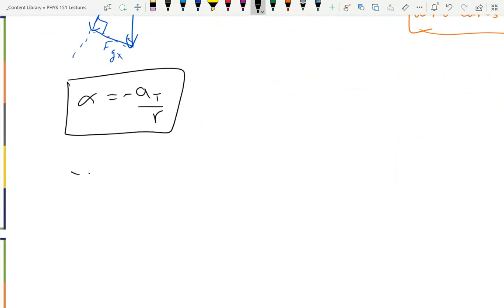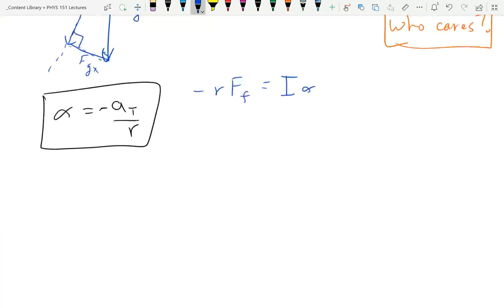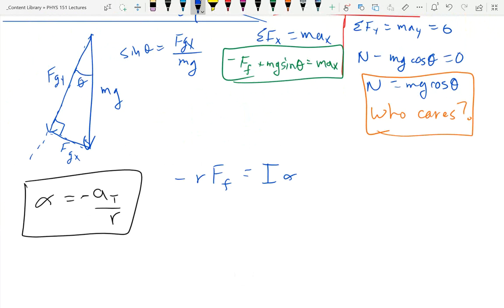So I had minus r times force of friction equals I alpha, and then minus force of friction plus mg sine theta equals m a.